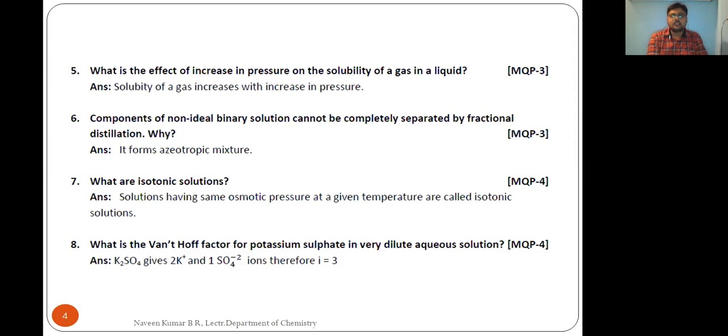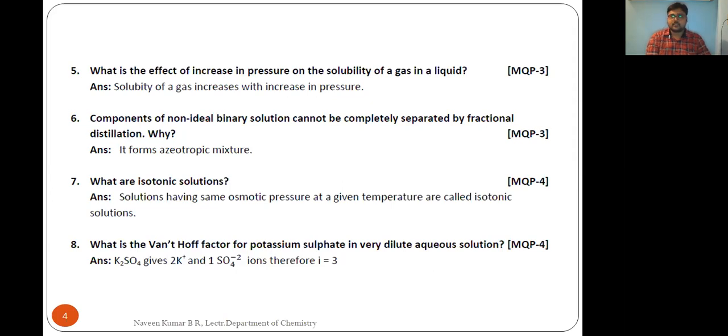Non-ideal binary solutions refer to solutions showing positive deviation from Raoult's law and solutions showing negative deviation from Raoult's law. So positive and negative deviation showing solutions, which do not obey Raoult's law, are referred to as non-ideal binary solutions.